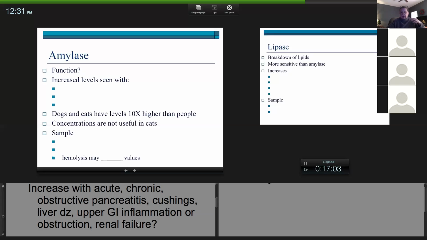Because high-fat meals, and sometimes something that's very rich, will get the pancreas flared up. So if I'm talking about acute pancreatitis, usually there's something in the history where the dog was given a special treat like that, or they got into fat and oil.